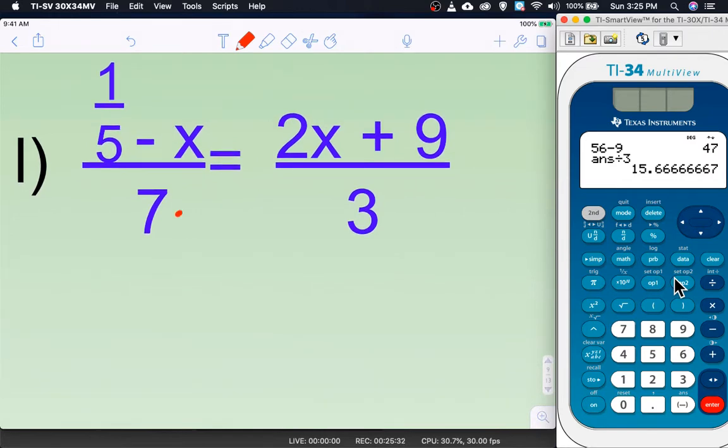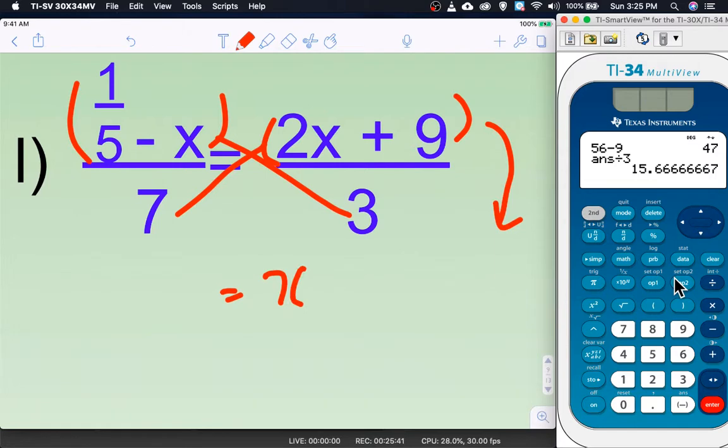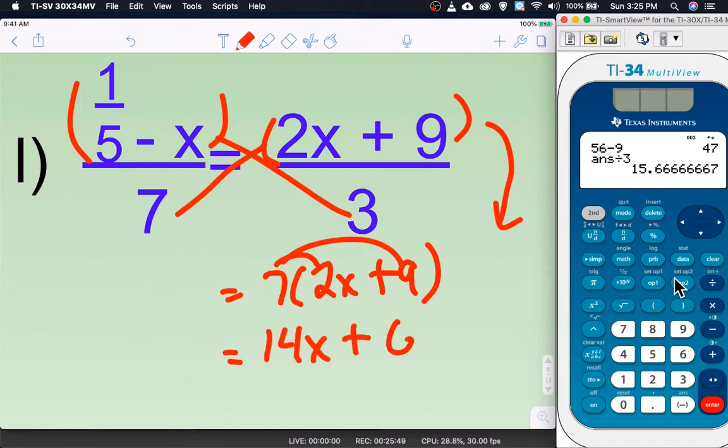So we're going to cross-multiply like we have been doing. On the right side, we're going to take 7 times 2x plus 9, which is going to be 14x plus 63.